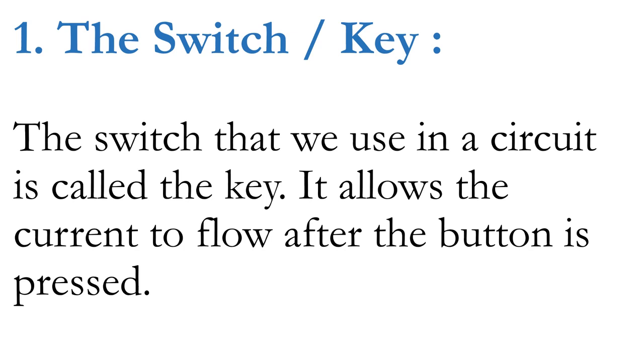It allows the current to flow after the button is pressed. In general, whenever we need to turn on any of the appliances, we press the switch. It then allows the current to flow and the appliance starts working.